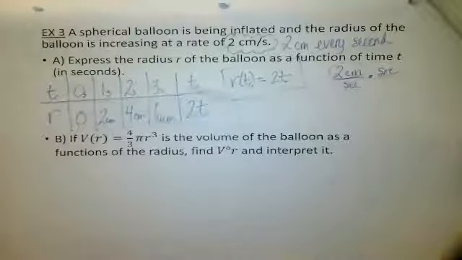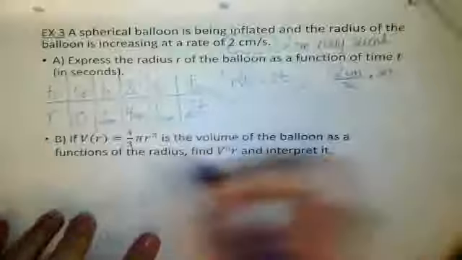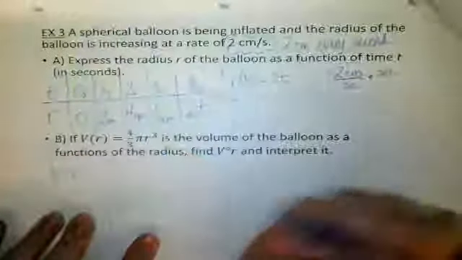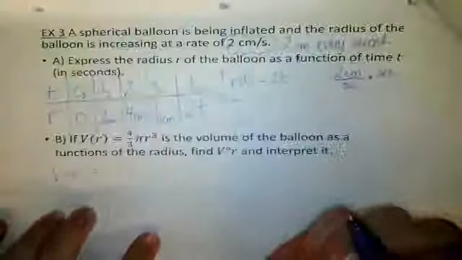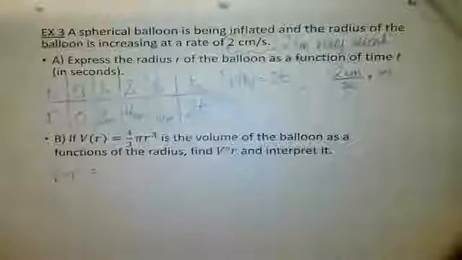Part B. If V of r equals 4/3 pi r cubed is the volume of the balloon as a function of the radius, find V of r of t and interpret its meaning.